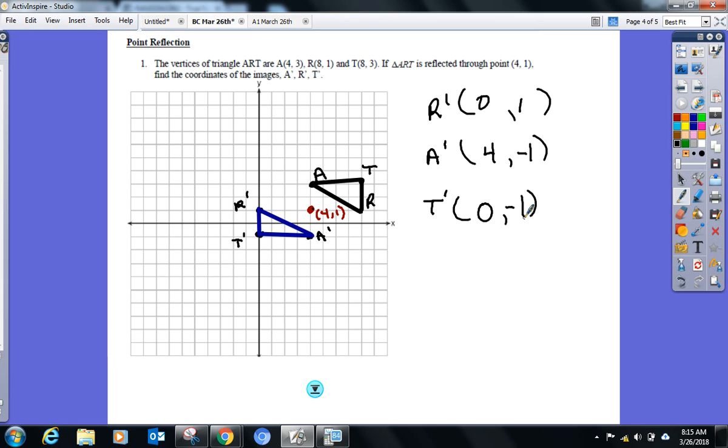Because I know I should have had a different example because it's easy just to count horizontally or vertically. I needed to make you guys use slope to find another point. And then final one is finding the actual point I reflected over. All right, so go ahead, graph ABC and A prime, B prime, C prime.